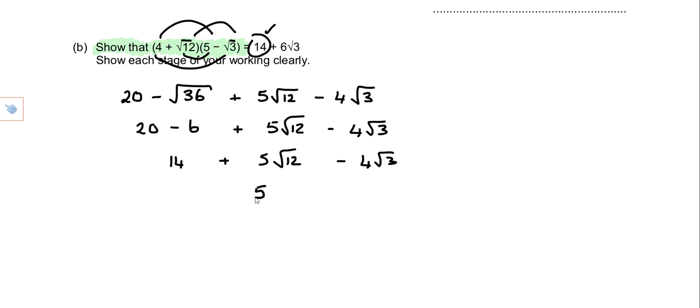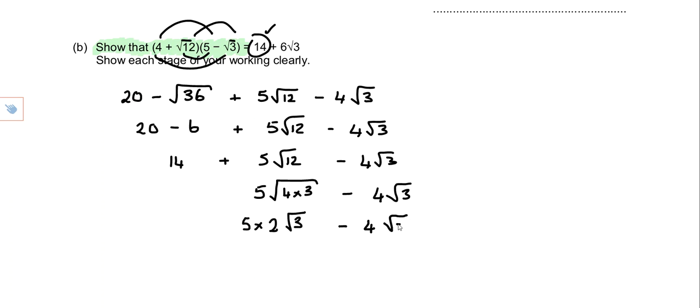Jen? You would change the 5 root 12 to root 3 instead? Okay, so this would be 5 times root 4 times 3. So root 4 times root 3 is the same as 5 times 2. Root 4 is 2. Then I'm still left with root 3.